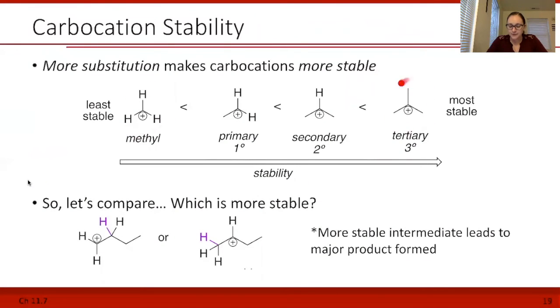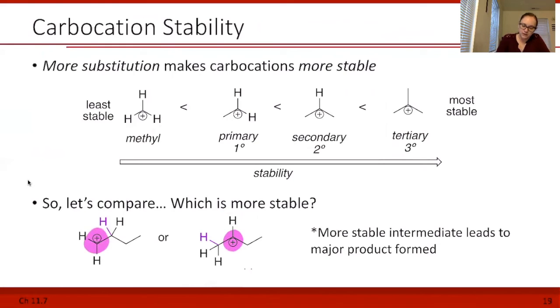But if we have three methyl groups, like in the one I have labeled tertiary, that is the most stable. It has the most stuff around it, and therefore it is the most stable. So let's look at our two carbocations that we formed, this one here and this one here.